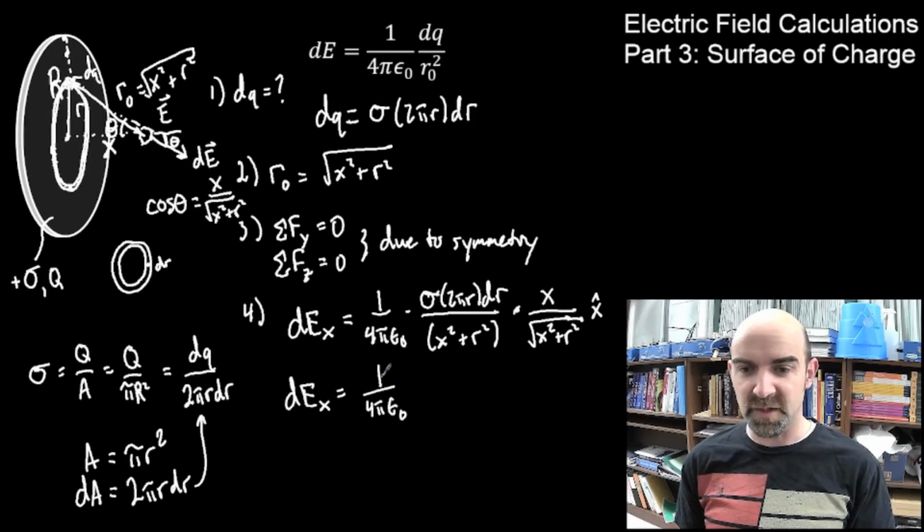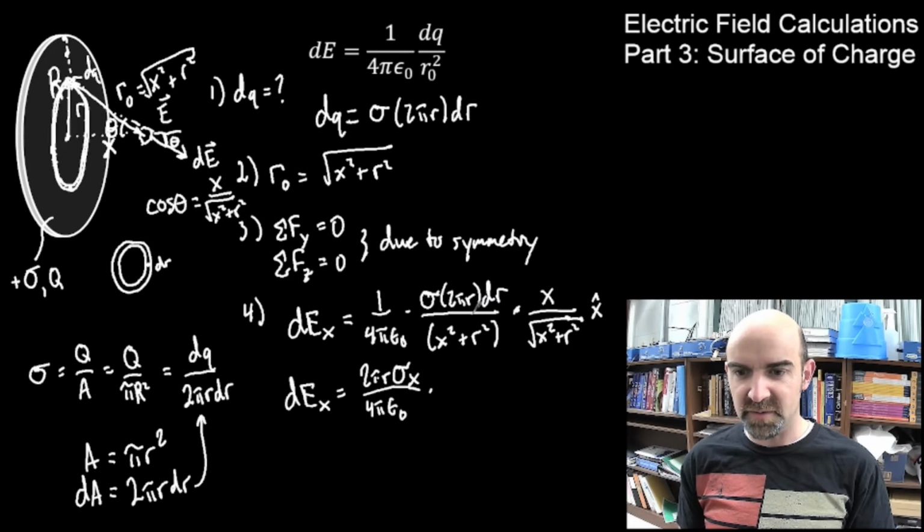Up here, up top, I'm going to go ahead and erase that one in favor of sigma and friends. And we're going to have a 2 pi r sigma. We also have an x up top. That x is a constant. And now what's left?